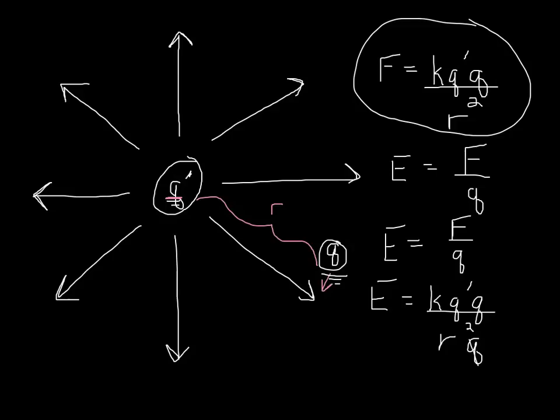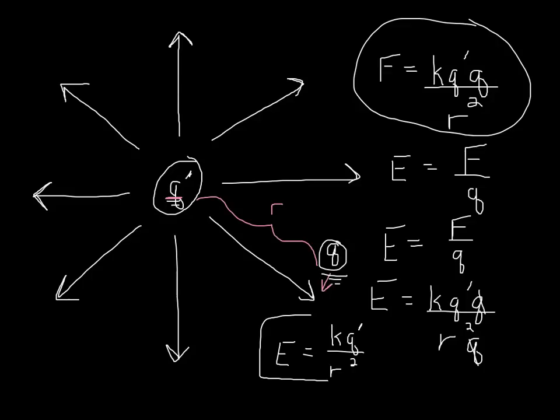I see my little Q's cancel, and my electric field of some charge is equal to K times whatever that charge is, Q prime. Remember, we're figuring out the field created by this charge Q prime. That's what all these lines are, the electric field created by that charge, divided by R squared, the distance you are from that charge.